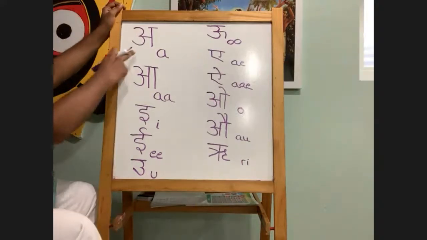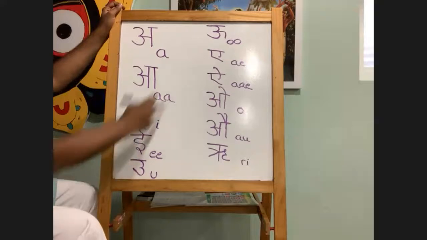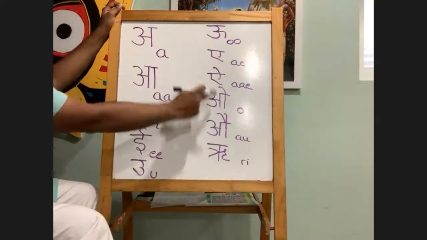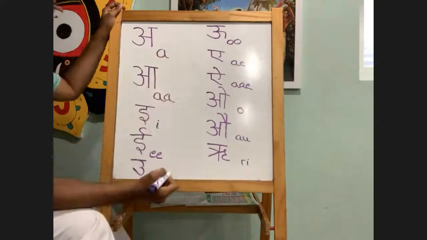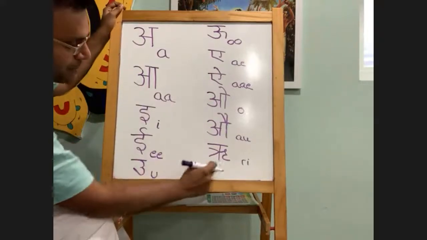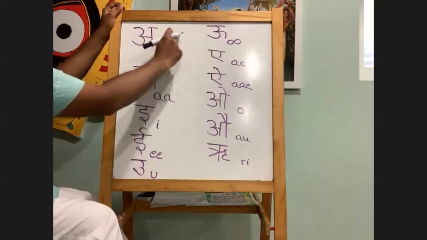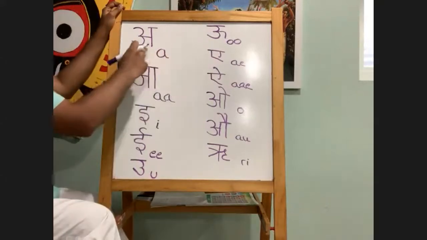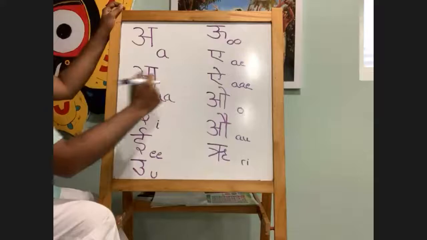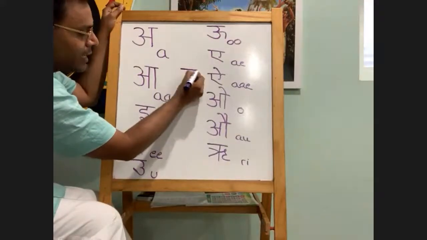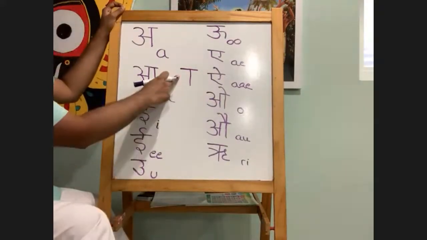Okay, so A, E, U, A, O, E. I don't have space here, so let me do the matras for these. A does not have any matra. It is already included by default in every letter. A is represented as a straight line behind the letter.